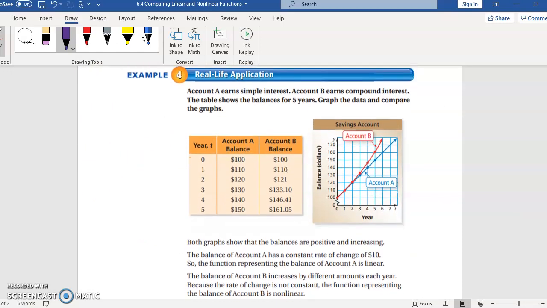Example 4. Account A earns simple interest. Account B earns compound interest. The table shows the balances for 5 years. Graph the data and compare the graphs. So they went ahead and graphed it. Both graphs show that the balances are positive and increasing.